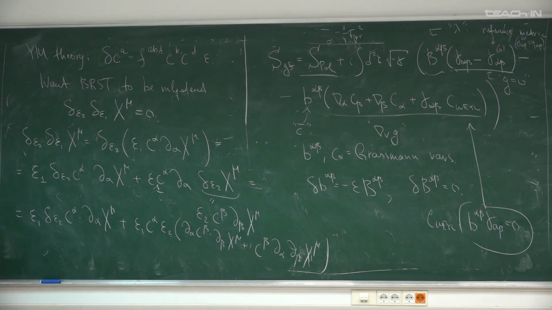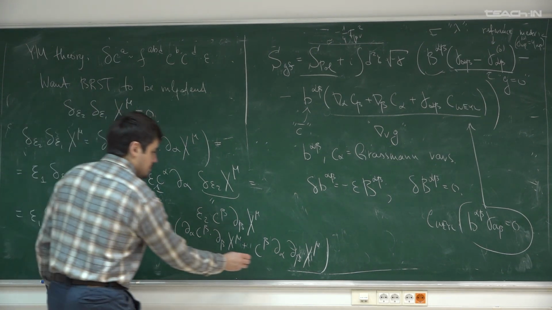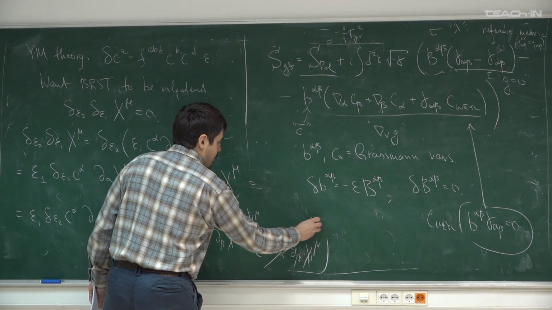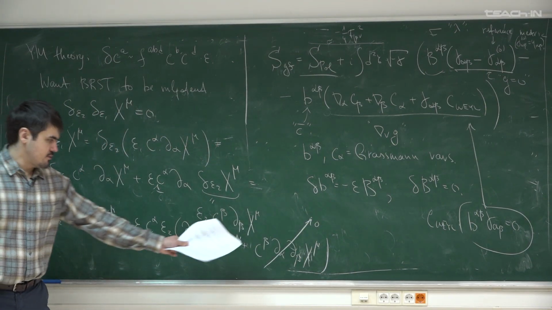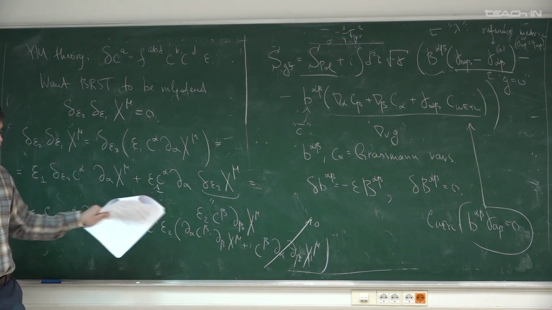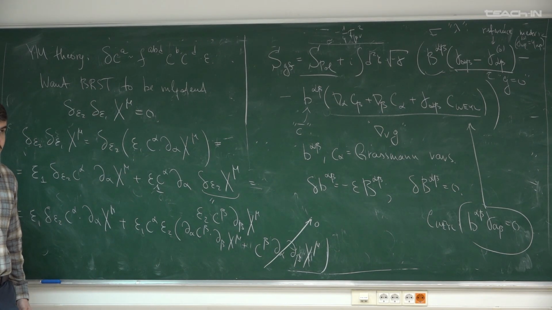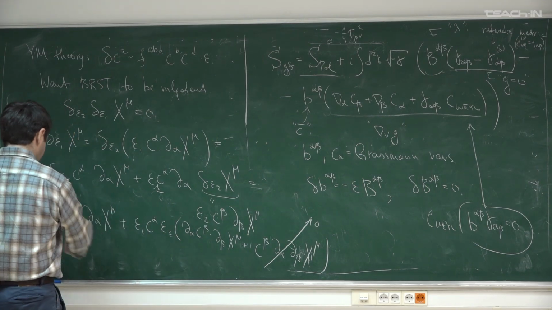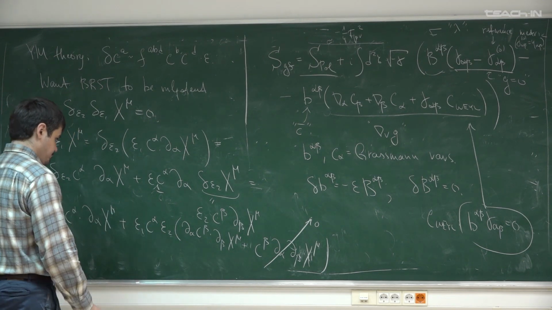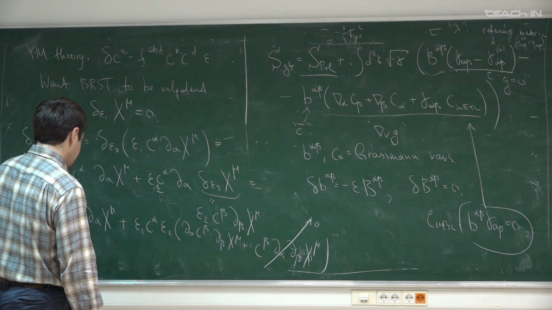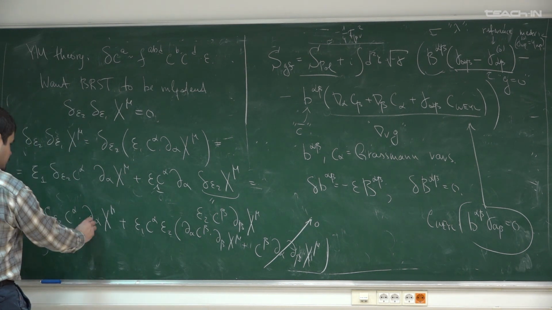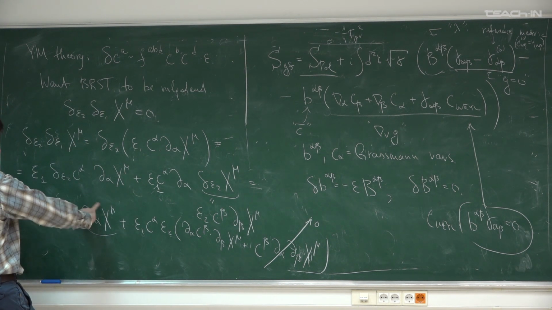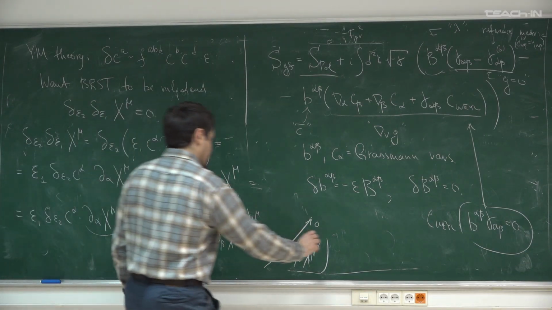I just act with the derivative. But the second term doesn't contribute, so this goes to 0, because this is symmetric in alpha and beta, and it's contracted with C^alpha C^beta, which is anti-symmetric in alpha and beta. So we're just left with these two terms, and we just need to find the coefficient in front of d_alpha X^mu.